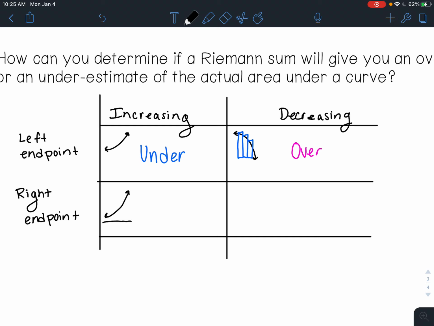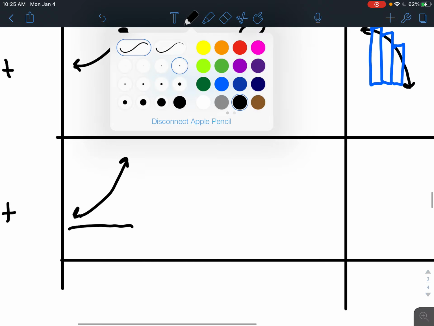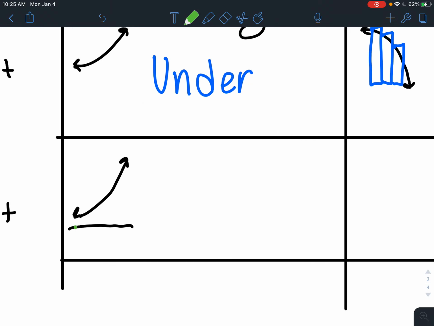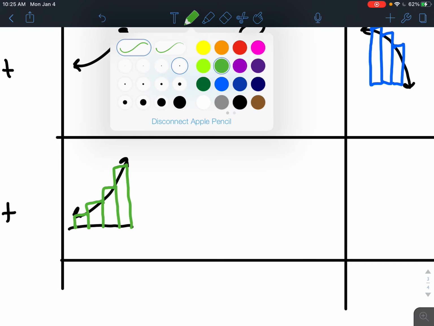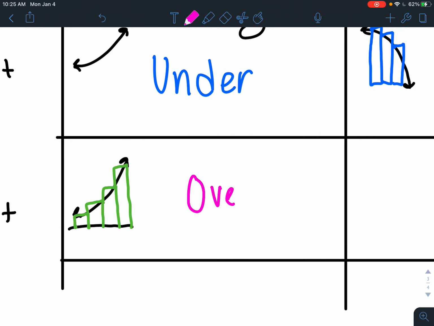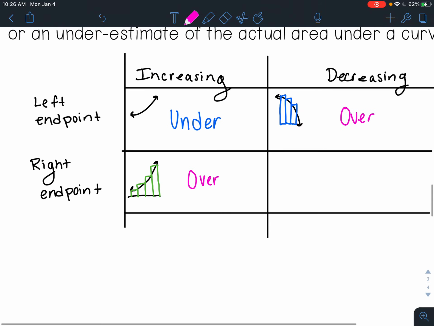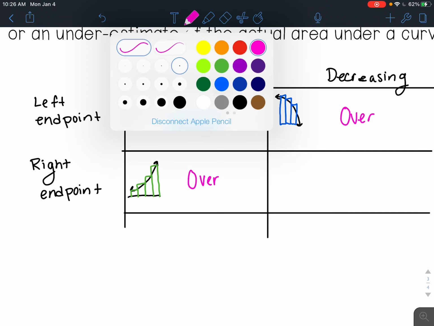So if we have an increasing curve, say we have our x-axis here, and we take the right endpoint, on a strictly increasing curve the right endpoint is higher than the left endpoint, which means we are going to have an overestimate.